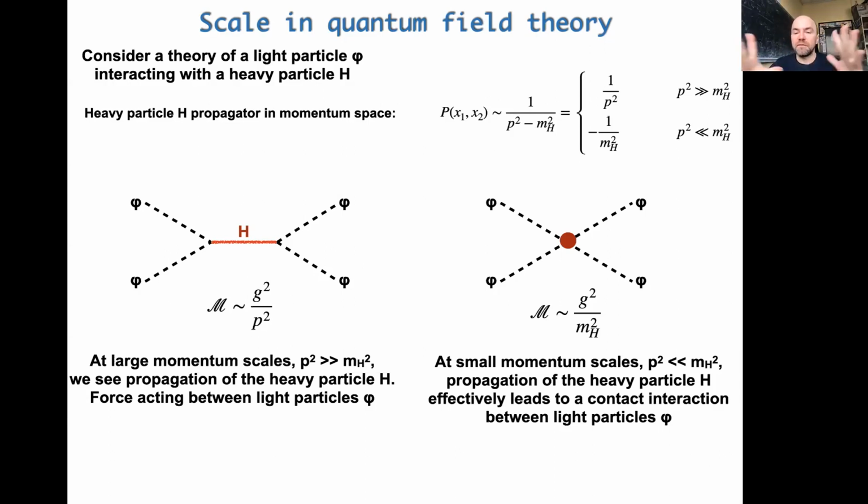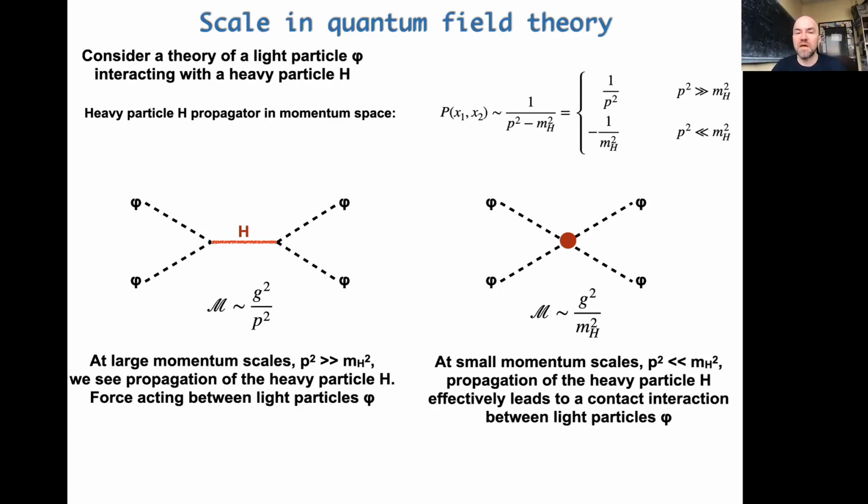So in quantum field theory, this is the basic mechanism of how effective theory arises. Because the propagator of a particle becomes just a number, just a constant at large distance scales. So the effects of the propagation look like a contact interaction if you're looking from sufficiently low energies, or equivalently, if you're looking at sufficiently large distance scales.